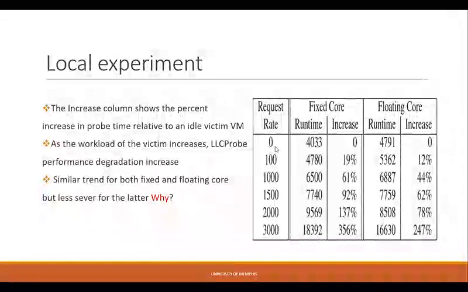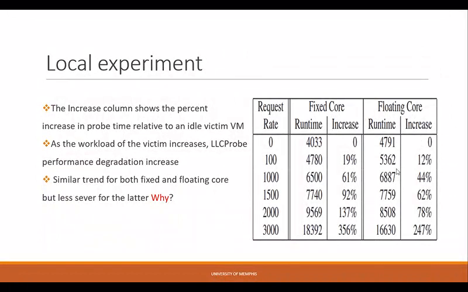Here, when the victim was idle, our server ran at 4000. Once we increase the rate, the performance starts getting worse. The server is now taking more time, then more time, more time. So the time is increasing with the increase of the request rate. This column represents the degradation caused by the victim to our machine.